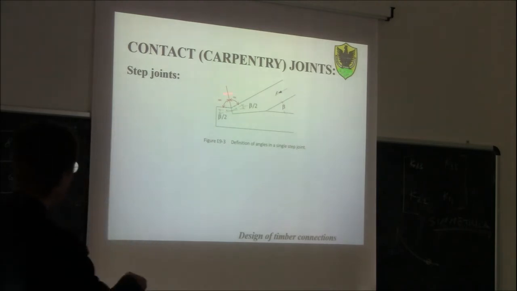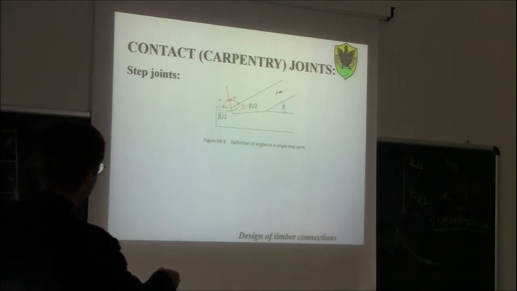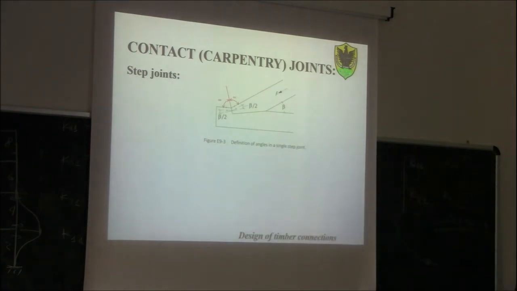So by geometrical consideration we'll find that the segment which is perpendicular to this notch is inclined by half of this angle of the rafter with respect to the tie. These quantities that we will mention later: h, the depth of the rafter, and tv, which is basically the depth of this step, of this notch here, measured vertically.